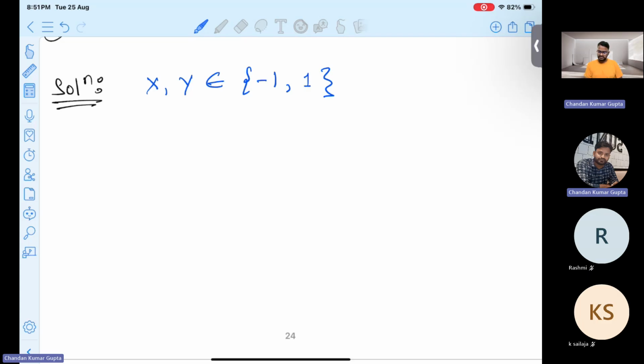Let me write, suppose it's X, Y, Z. X has -1, -1, +1, +1, because X has two possible values and Y has two possible values, so there is a total of 2 into 2 equals 4 combinations. Z is just a multiplication. So -1 into -1 comes out to be +1, -1 into +1 comes out to be -1, +1 into -1 comes out to be -1, and +1 into +1 comes out to be +1. So this is the value of Z.